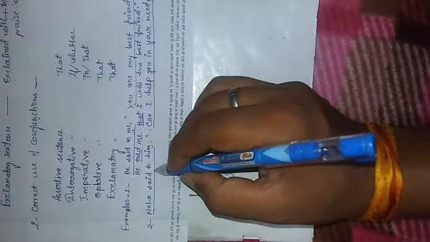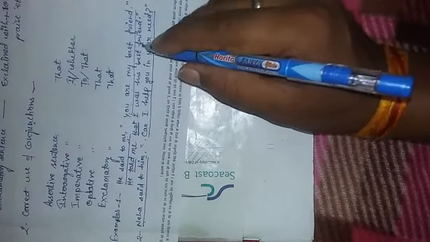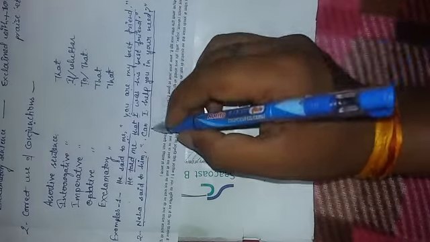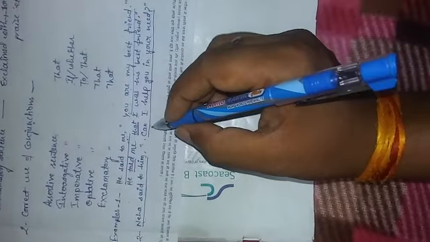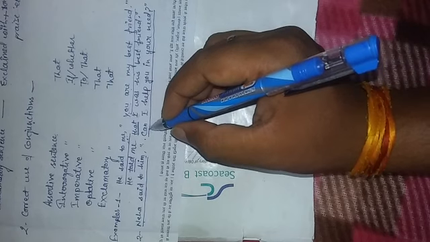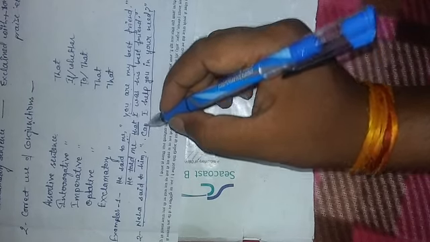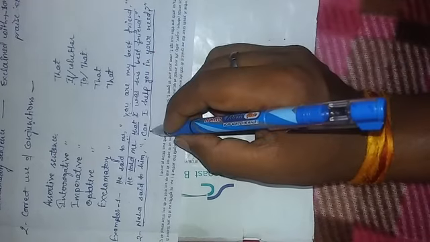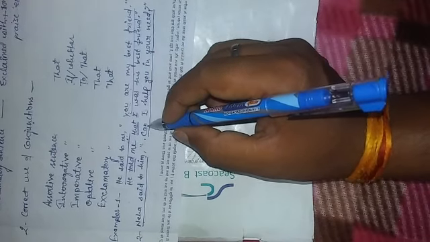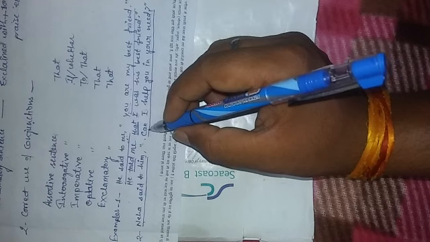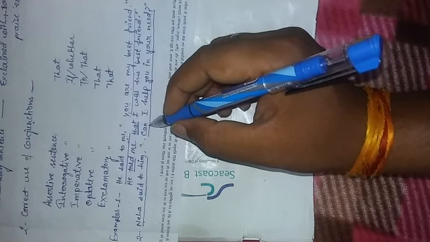Said to. But before changing it, return to the sentence type that is used in reported speech. Can I help you in your need? Which type of sentence is this? I told you if the sentence starts with subject, then that is assertive. But if the sentence starts with helping verb or modal verb, then it is interrogative sentence.